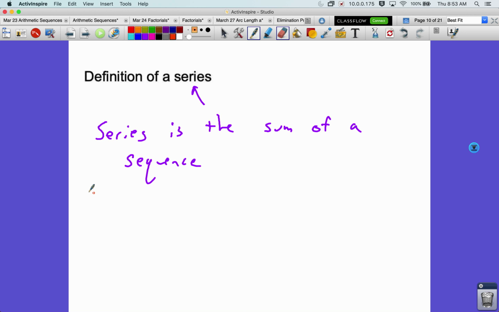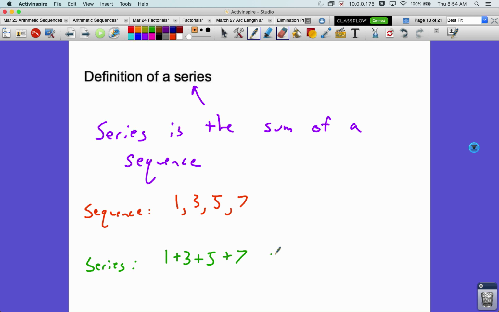So if a sequence is something like 1, 3, 5, 7, then the series would be 1 plus 3 plus 5 plus 7. And in this example, that evaluates to be 16.